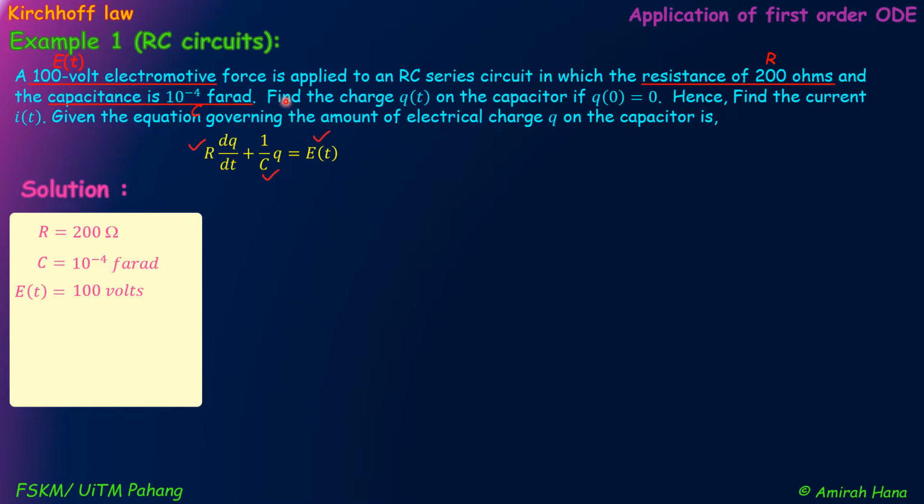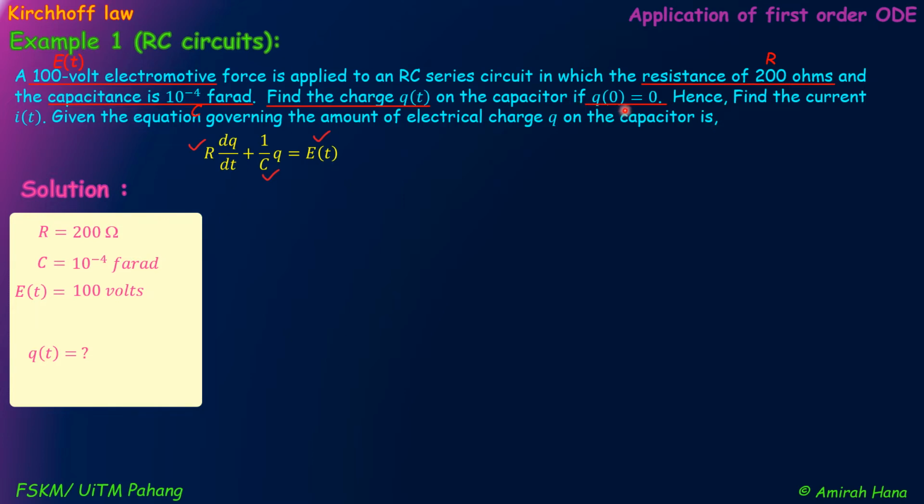Next, the question is to find the charge Q(t), so we write Q(t) equals question mark. Q(t) means the charge in terms of time, in terms of variable t, the charge at any time t on the capacitor, if Q(0) equals 0. This is the initial condition.